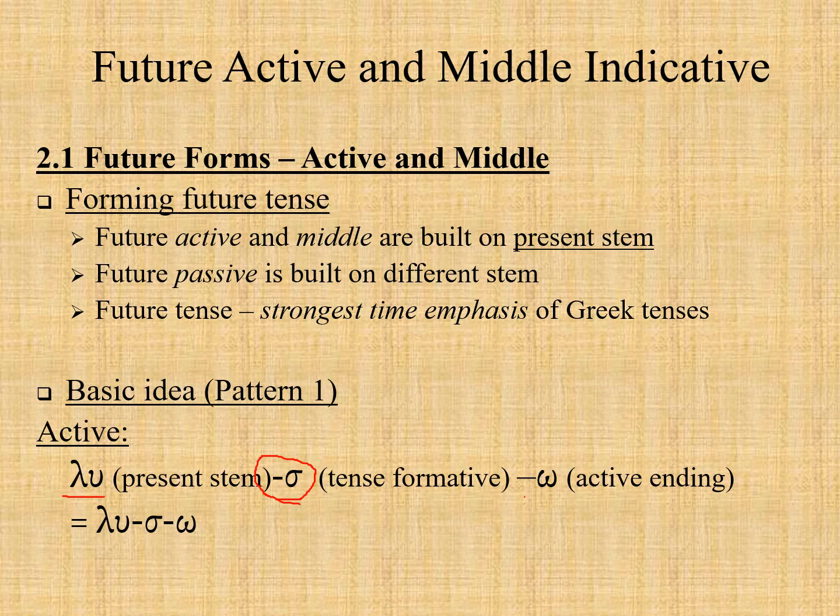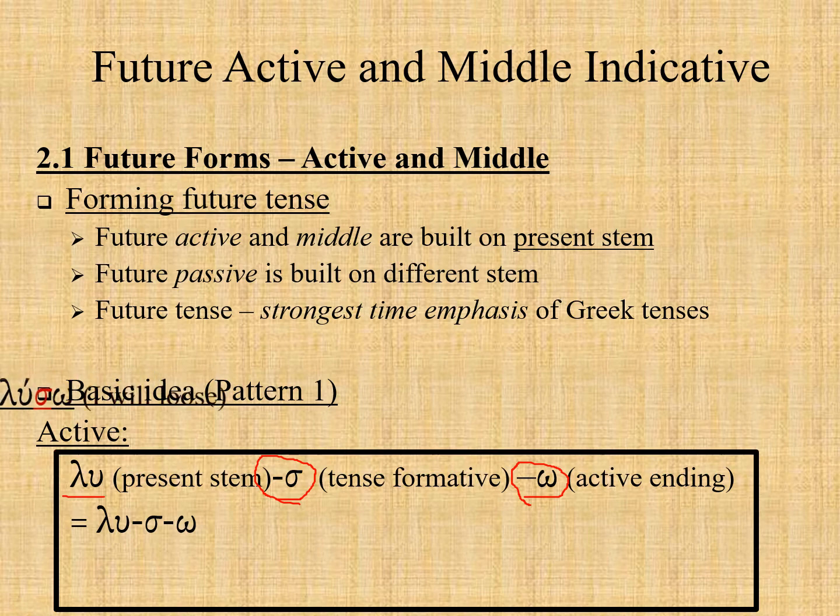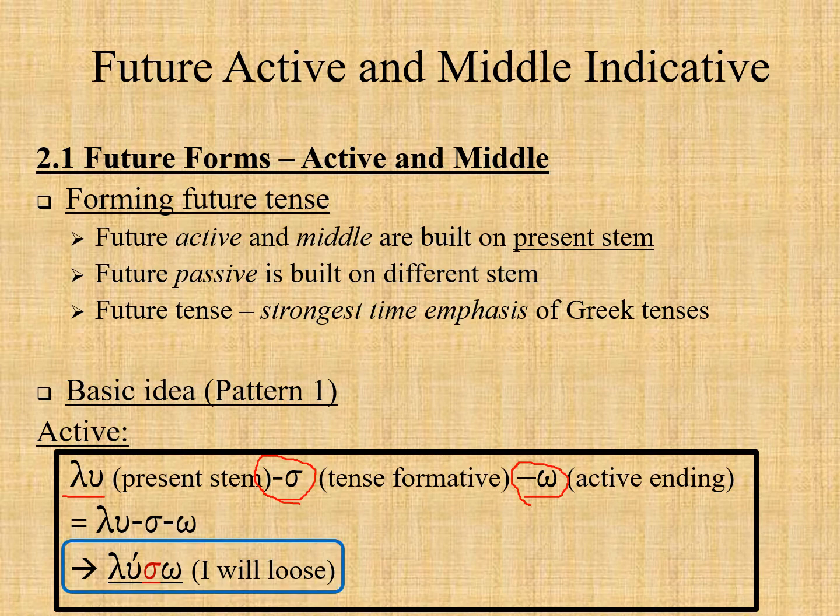And obviously, we have the active ending since we're talking about the future active verbs. So we have luso, I will lose. The basic pattern should be very straightforward, and it is actually very easy because all you do is recognize the sigma just prior to the personal ending.